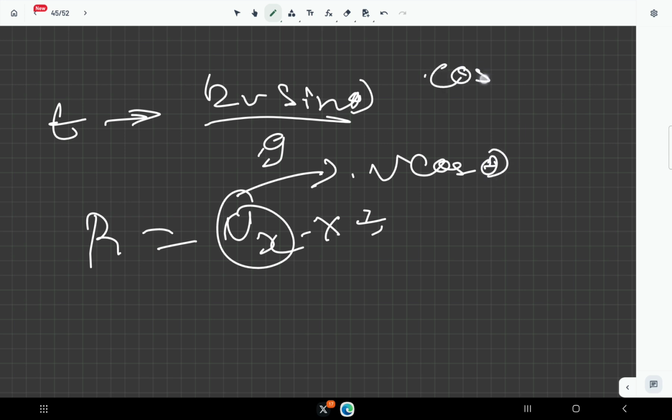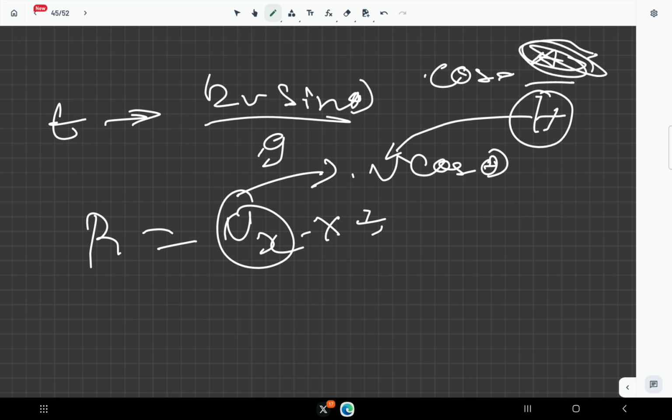So we know cos is equal to adjacent by hypotenuse. So now taking that, the velocity of 20 meters per second will give our horizontal velocity, which is Vx, the adjacent one.